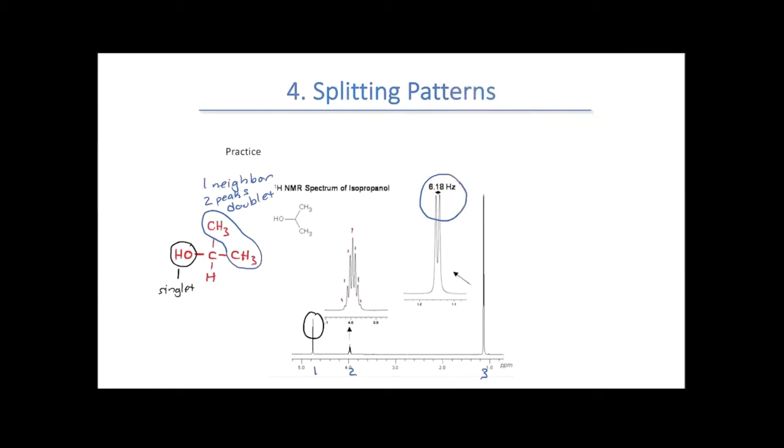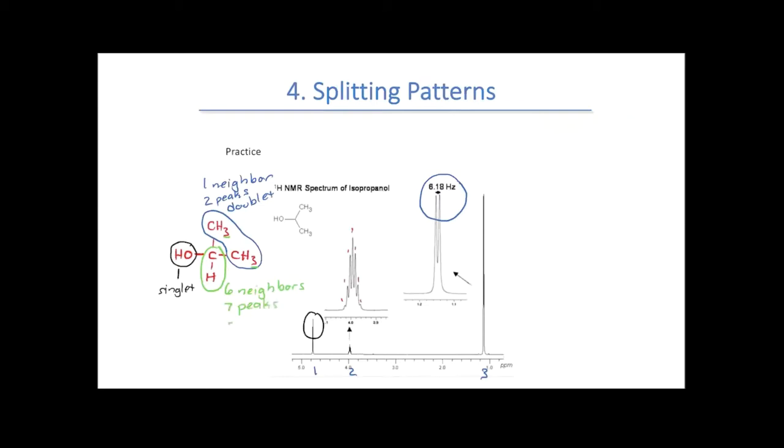And then finally, my single CH group. That CH group has 6 neighbors. Since it has 6 neighbors, we have to count it as 7 peaks.